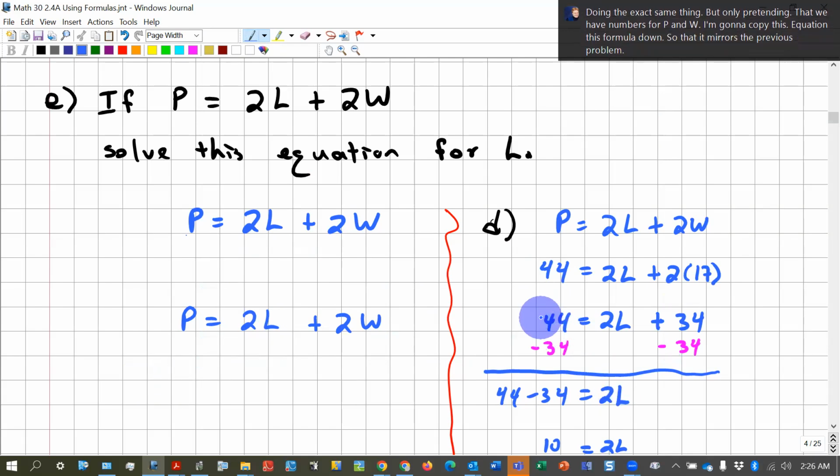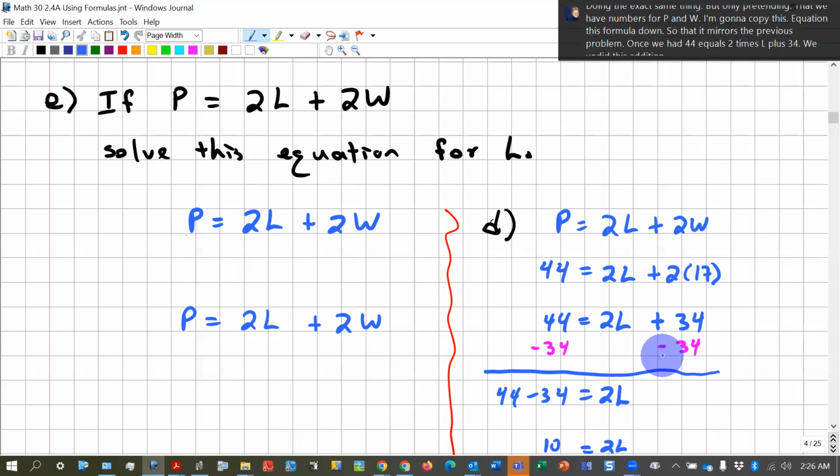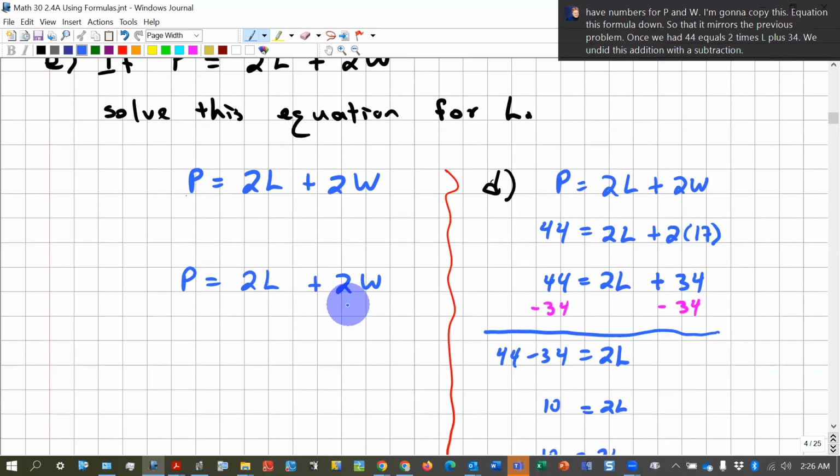Once we had 44 equals 2 times L plus 34, we undid this addition with a subtraction. So that's what we're going to do over here.